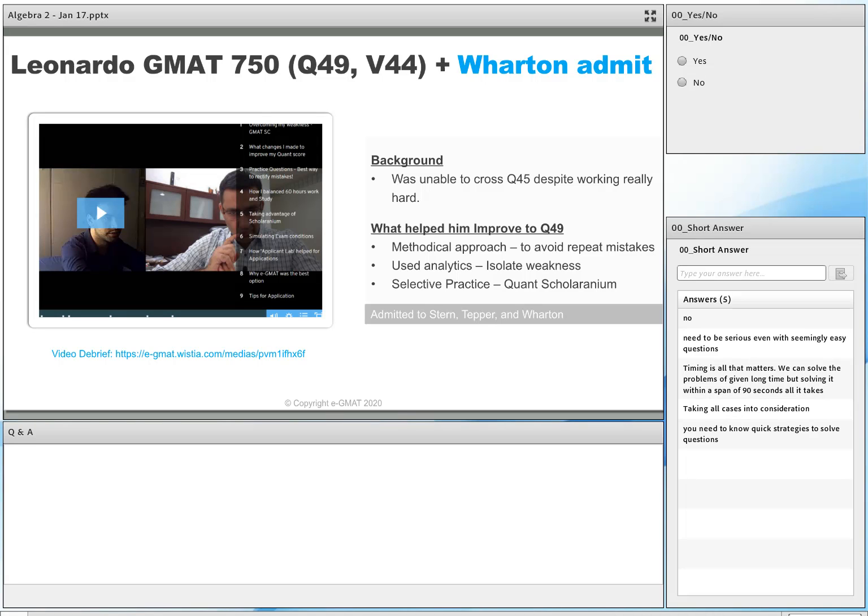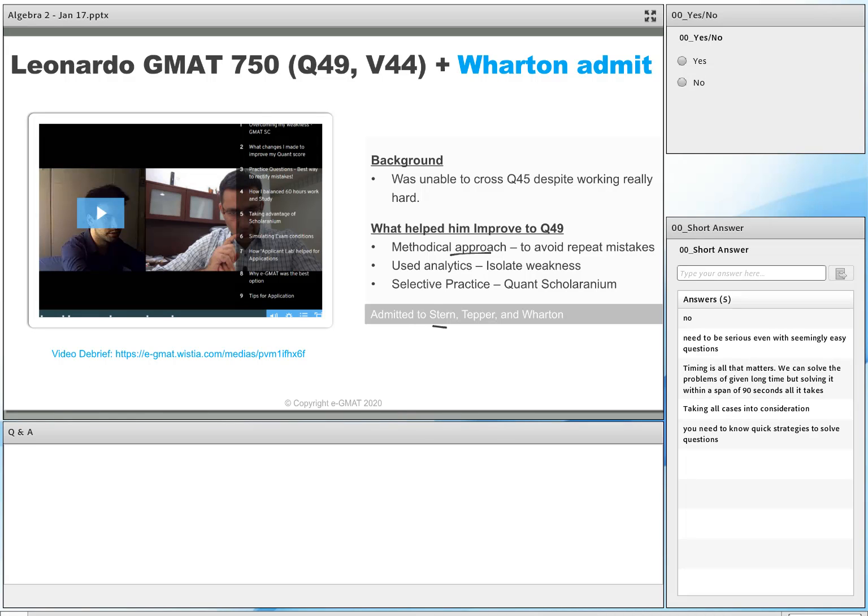But then he used our scholarinium tool and understood where he was going wrong. Is it the concepts? Is it the application of concepts? Once he understood that, and once he also knew the methodical approach to solve questions, he went on to get a Q49, and then after getting a Q49, he got admits from Stern, Tepper, and Wharton.